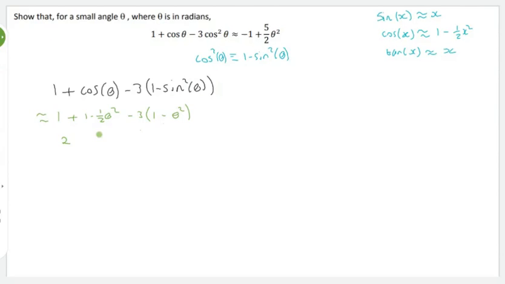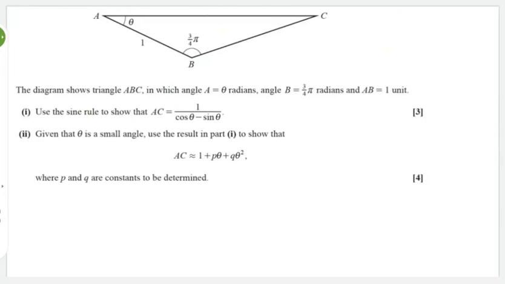So we have 2 minus a half theta squared minus 3 plus 3 theta squared. 2 minus 3 is minus 1. And then minus a half theta squared plus 3 theta squared is going to be plus 5 over 2 theta squared. And there we go. So yeah, we got it. And then this last question will be good to try at some stage as well.